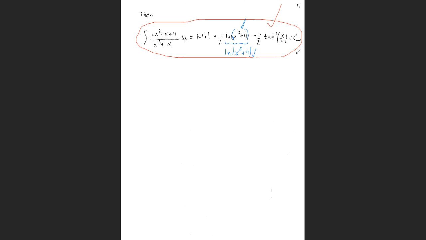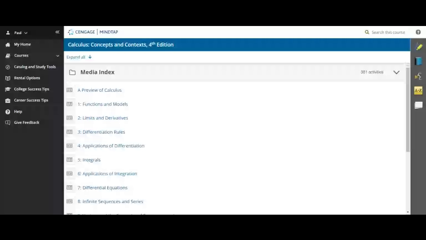There's an appendix G in the back of the textbook. Let me bring up that ebook. Okay, so there's the ebook.